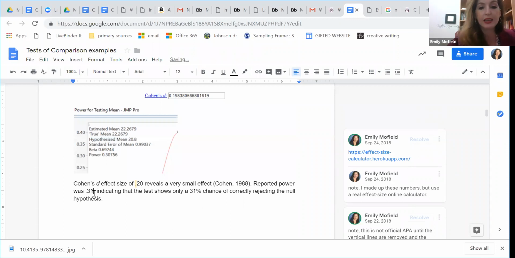And that indicates that this test shows that there's really only a 31% chance of correctly rejecting the null hypothesis. That's actually not very good. And that's really based on sample size and variance and other factors. But again, would I write this up if I found no statistically significant results? No way. But I'm just showing you this here just in case you do get statistically significant results, what to do.